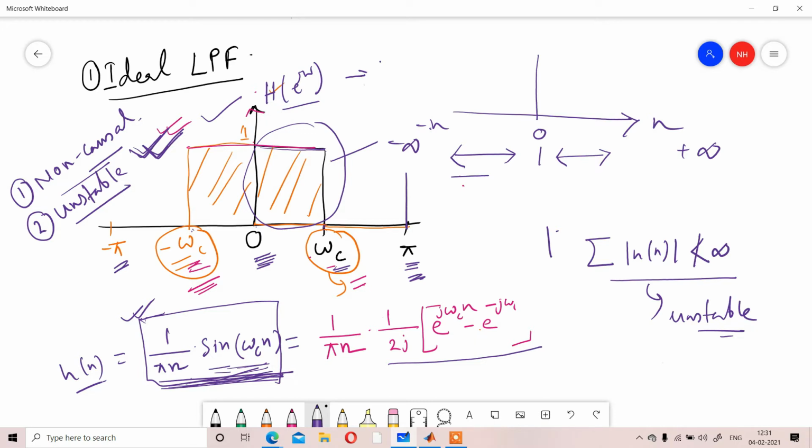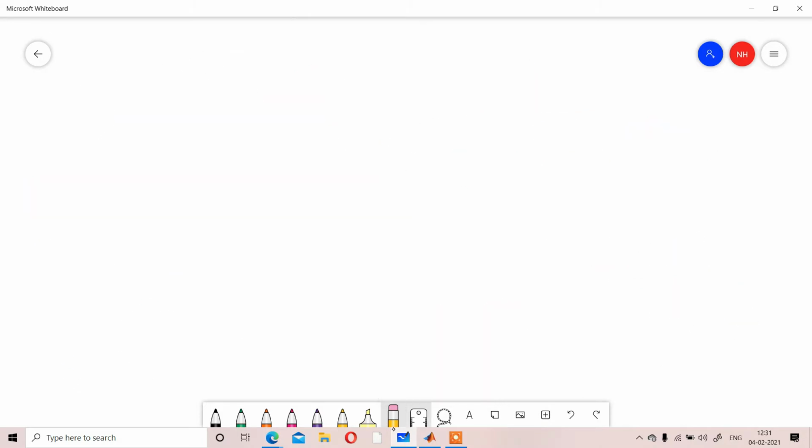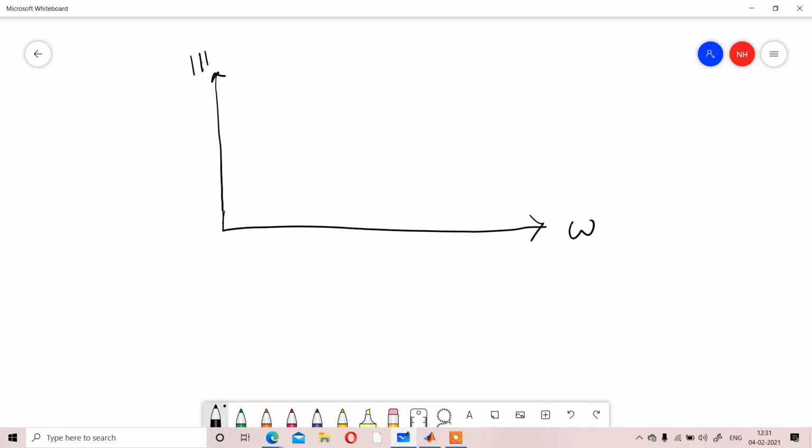So what are we going to do if we are not going to use the ideal filter? We are going to design the practical filter. And what is that? The practical filter will look like this. That will be your omega frequency, that will be your magnitude H, and that will be your ideal filter, 0 to omega C, and that will be your practical filter.